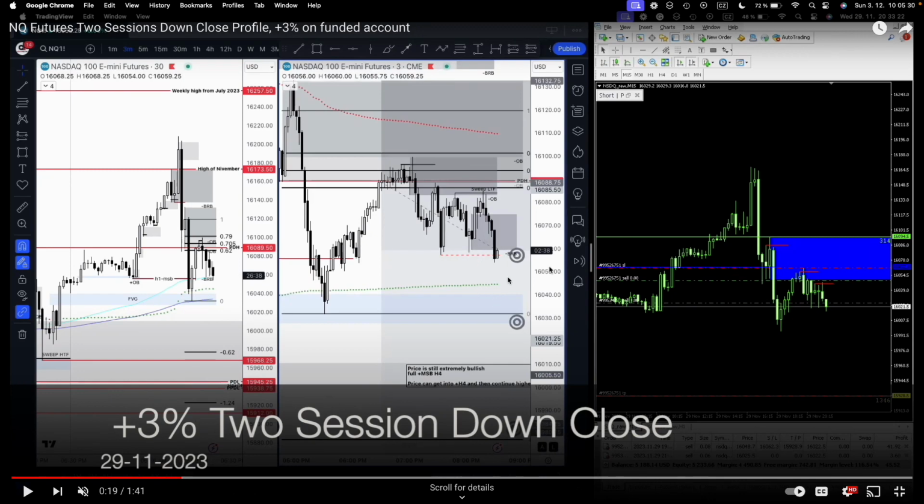Quite interesting that my first target for the double lows here was met. Then my second target would be these lows.